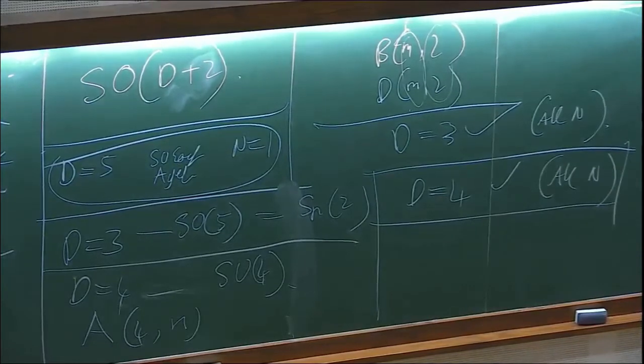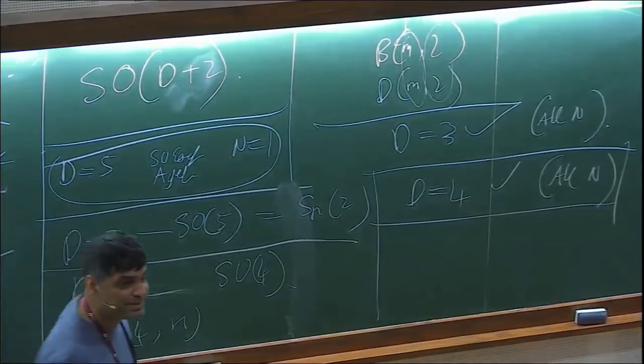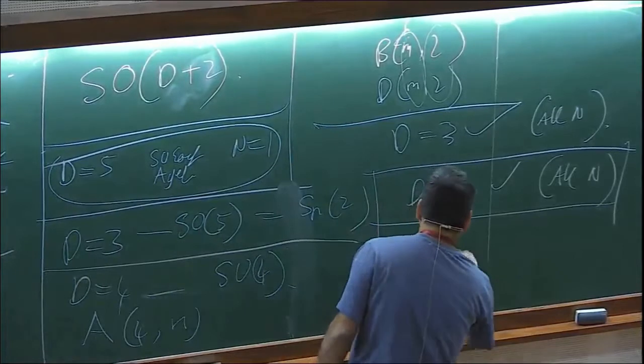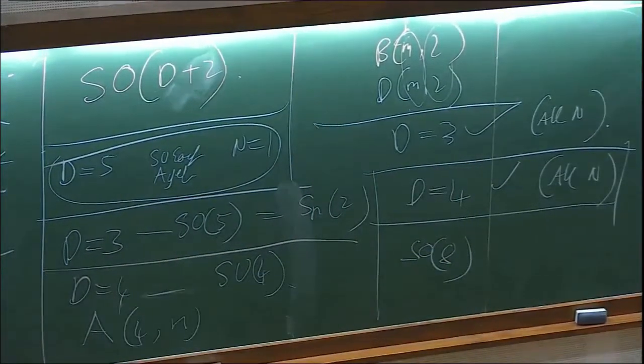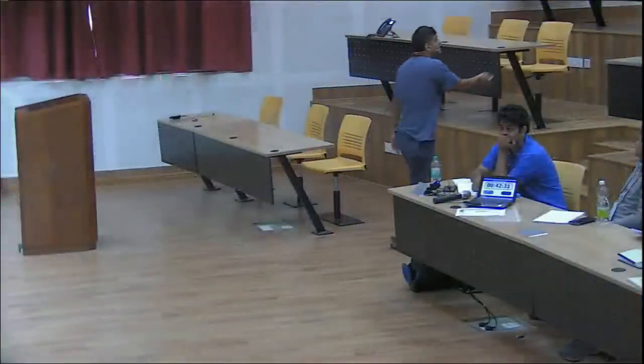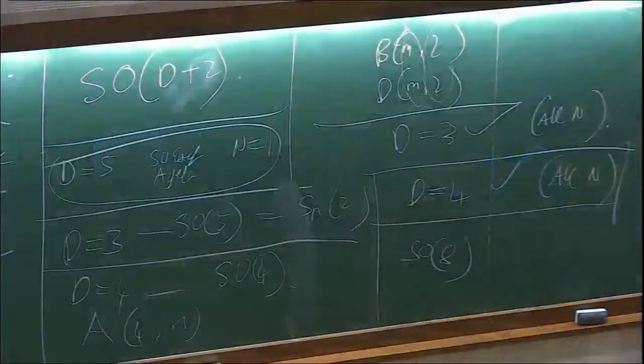D equals 5 we've dealt with. What about D equals 6? We're looking for SO8. There's only N equals 1. It's interesting, right? The supersymmetry algebra existed for all N. But the superconformal algebra exists only for N equals 1.